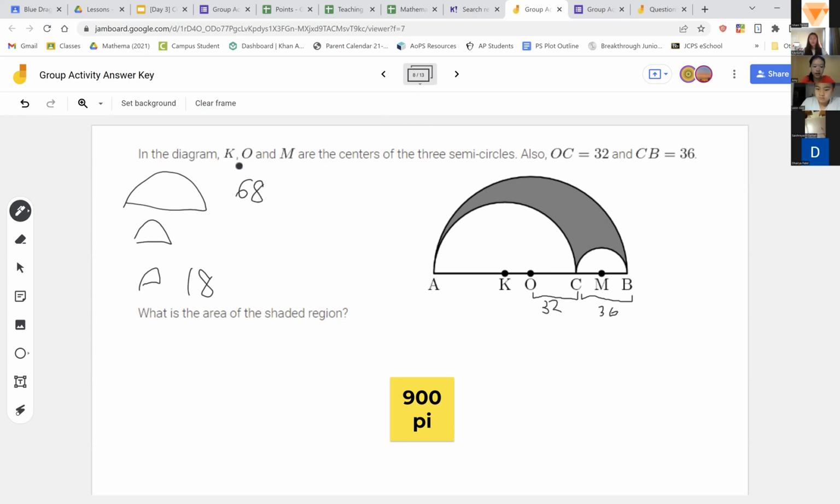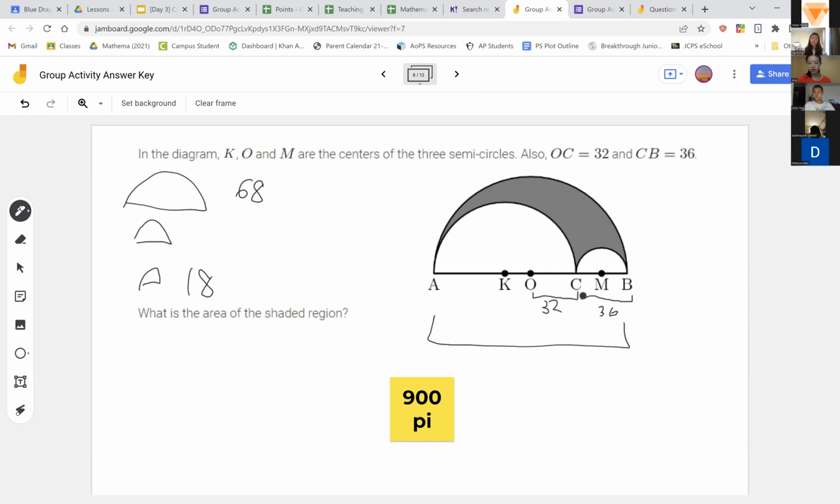And then in order to find the radius of the medium semicircle, we kind of have to do something a little bit weird, just because this is the radius and it overlaps a little bit with the other radius, but it doesn't fully. So what we're going to do is take the length of the whole thing. The diameter of the entire semicircle is going to be 68 times 2, which is 136.